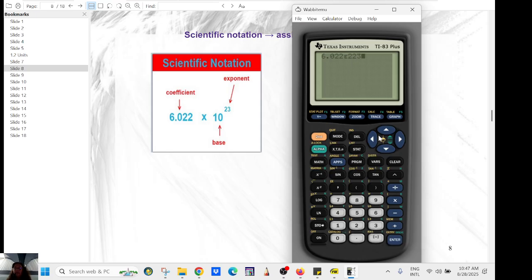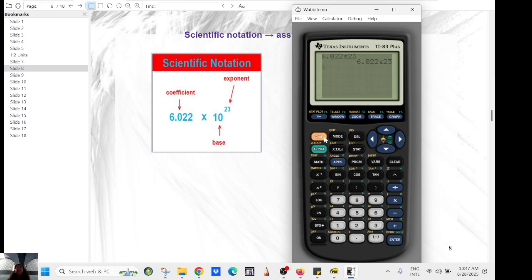If you do it this way, you go much faster. So you can use this as a power of 10. So scientific notation, you need a number between 1 and 10, not including 10, so 1 and 9. And then you have your power of 10, and this will be the exponent.